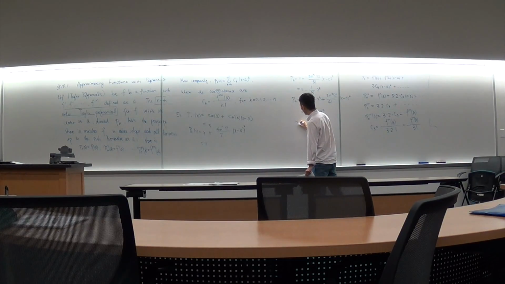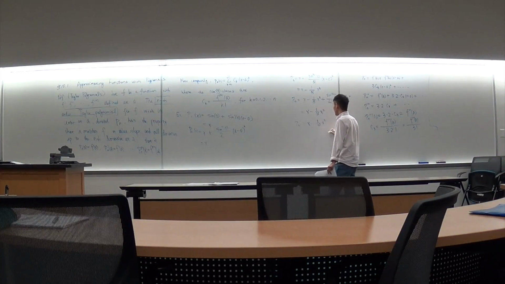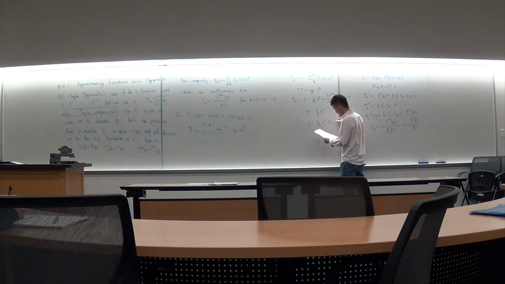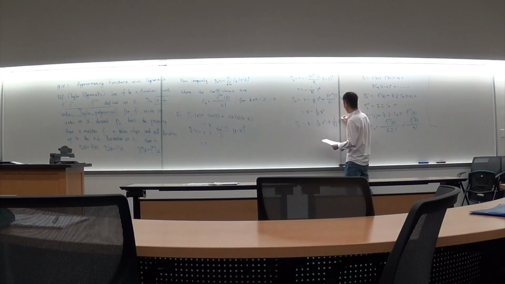The last one, P5. I will write this out for you. It's going to be 1 over 5 factorial times x to the 5th power.